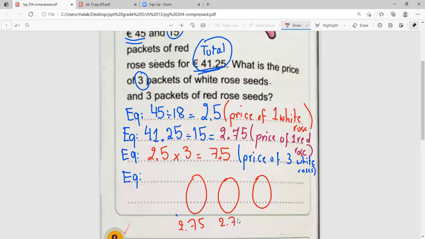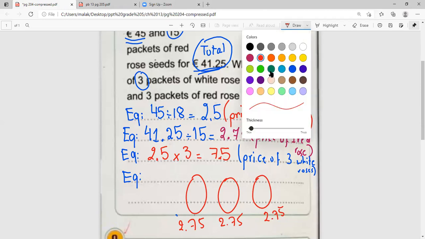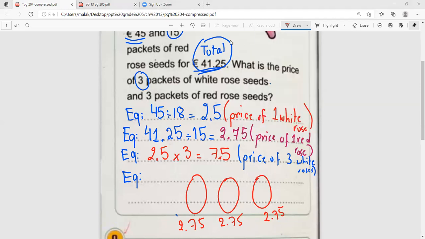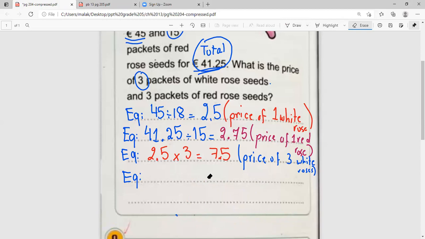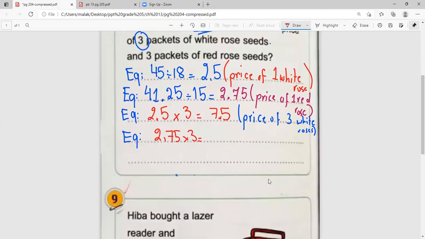So how will we find the total price of 3 packets of red roses? 2.75 times 3. Excellent. Bravo, Arij. Let's arrange them.